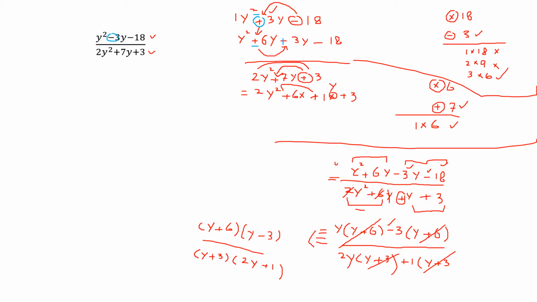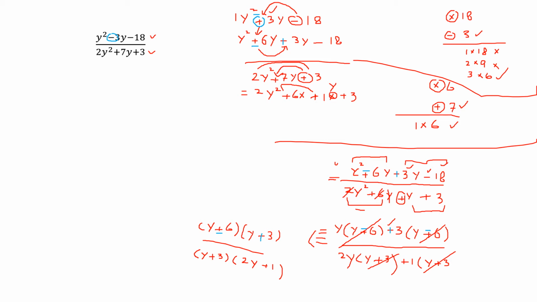So this will become minus, and this will be plus. Now this will become minus, this will become plus, this will be minus 6. Okay, now x minus 6 common. If we divide by x minus 6, and this will become plus 3y.